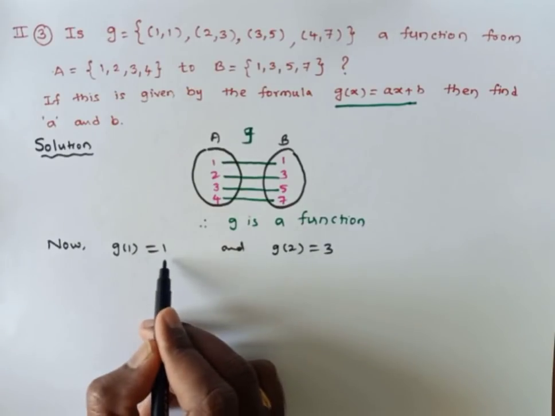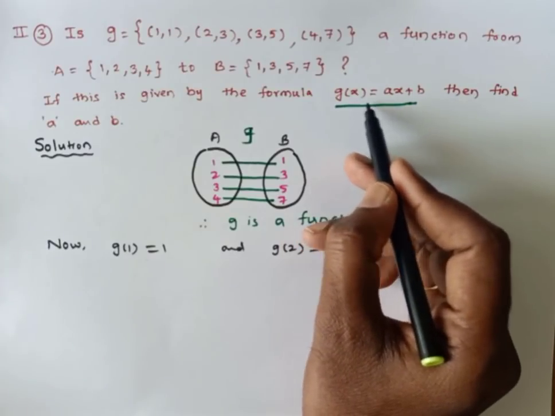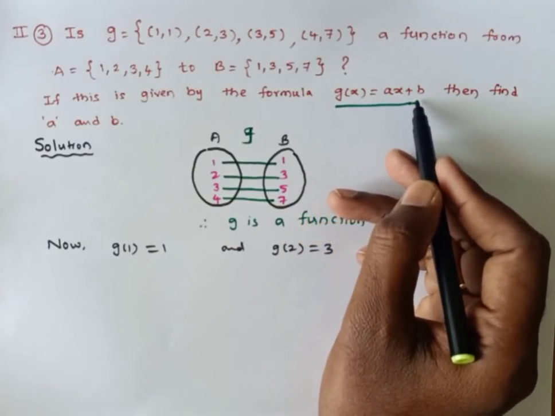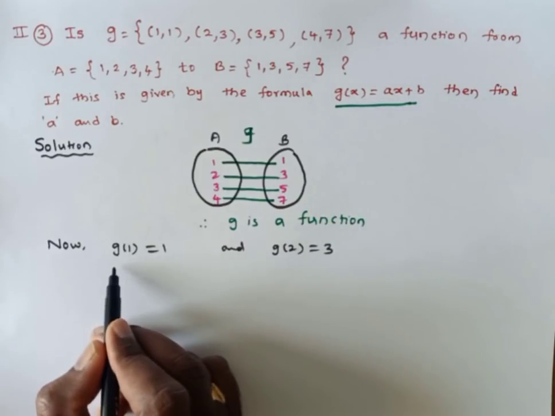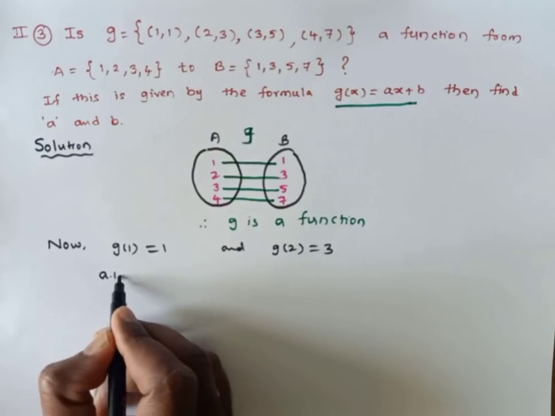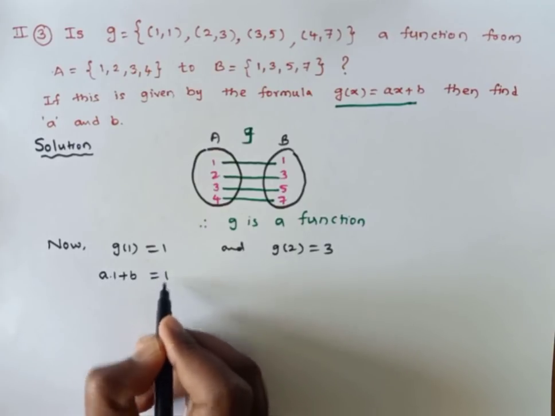Now g of 1 is 1, and the function is given as g of x equals ax plus b. By replacing x with 1, on the left hand side we get a into 1 plus b equals 1.